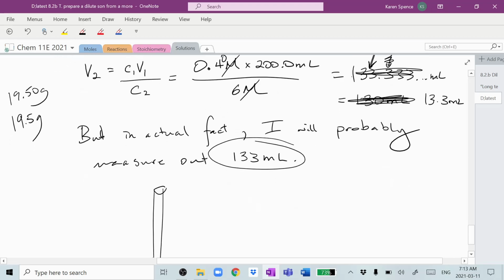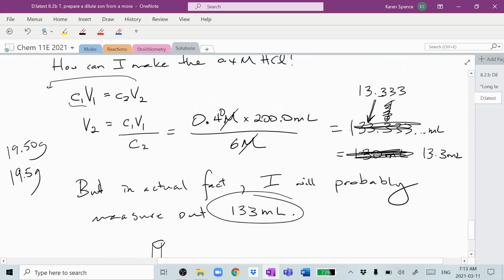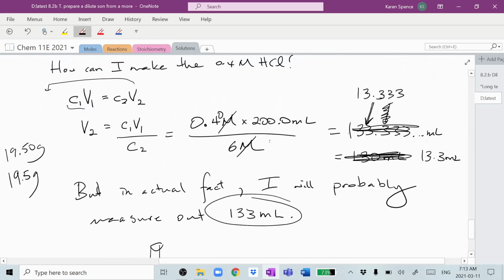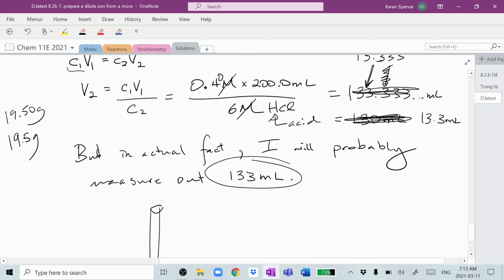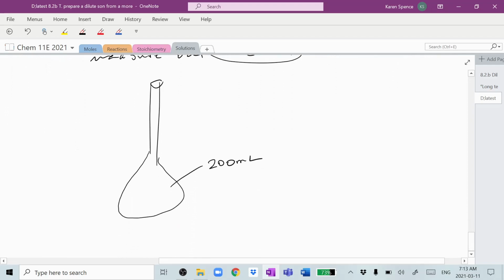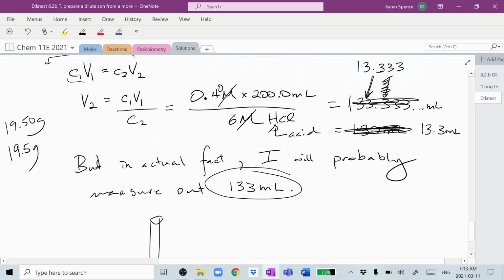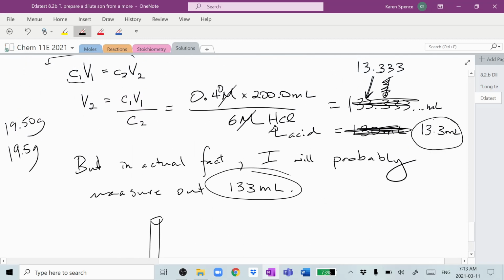Now, it would make a lot of sense for us to just stick our 13.3 milliliters of our 6 molar HCl into our flask. However, HCl is an acid. So, do as you order, add acid to water. So we're going to fill this maybe halfway full with water. Slowly, we're going to add our 13.3 milliliters of the 6 molar stock solution.